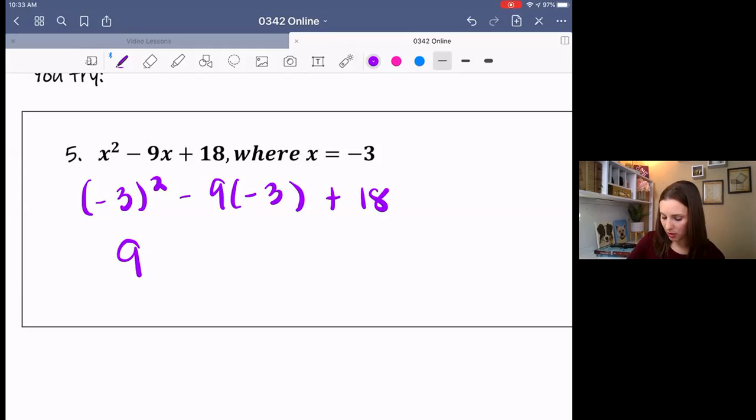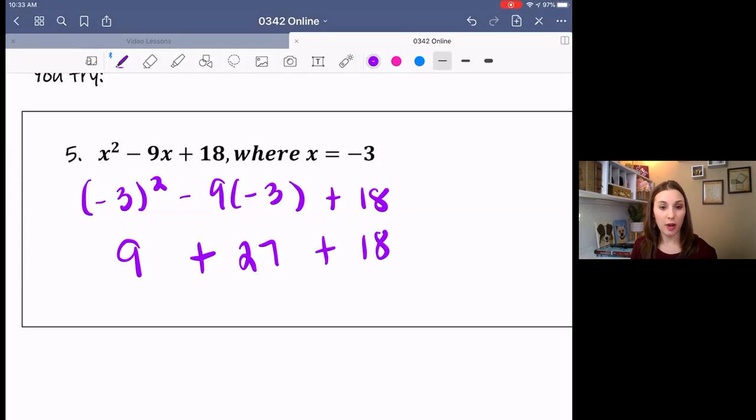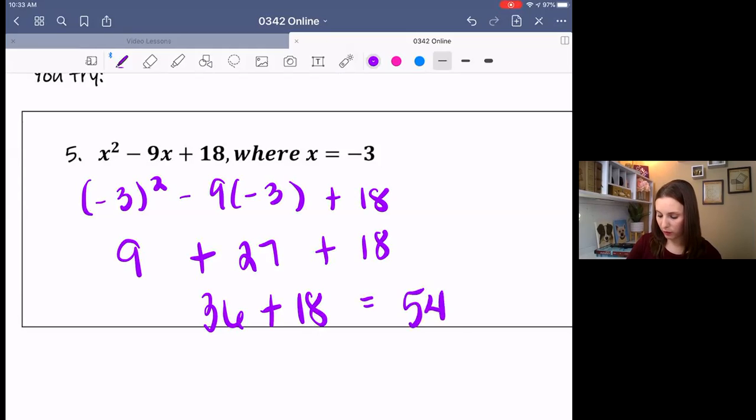And then same thing here, this is a positive 27 and a positive 18. And then when you add those, you get 36 plus 18, which is 54. Easy peasy.